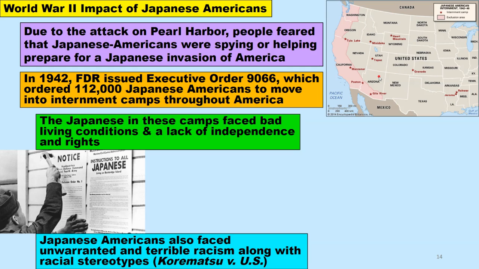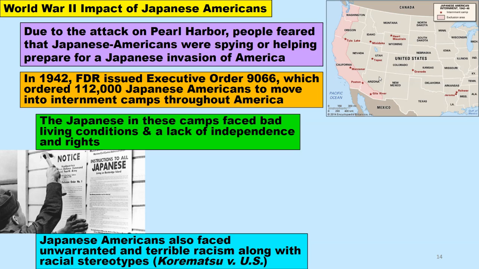Japanese Americans will face unwarranted and terrible racism, racial stereotypes, prejudice, attacks, violence, all sorts of things. And the legality of this order and the treatment is going to be challenged with Korematsu versus the United States.